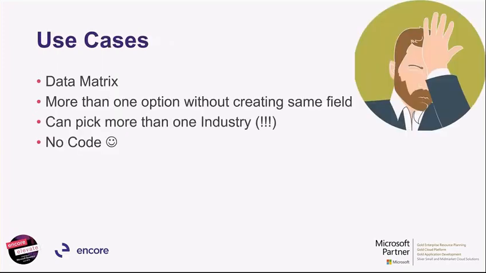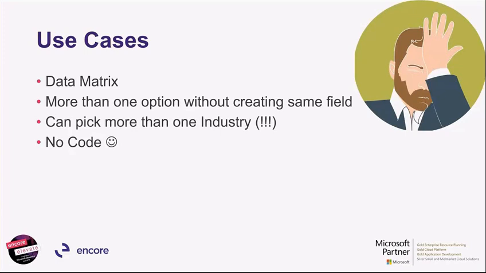Some of the biggest use cases I've seen are the industry perspective for an account or a contact. Previously, if you wanted to apply more than one industry, whether that's accounting and professional services, you had to create multiple fields to capture that information, or invest some development work or JavaScript into the form to allow that functionality.